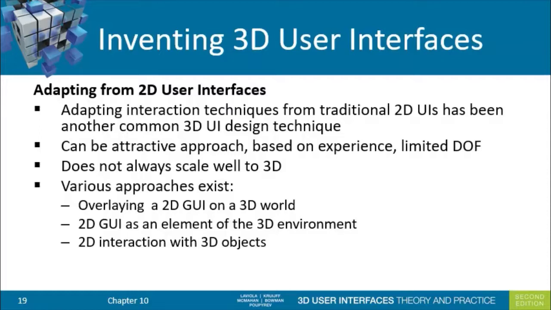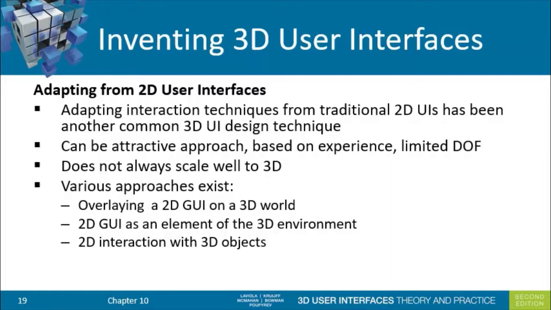Second, almost all users of 3D UIs are already familiar with 2D interaction, so learning can be kept to a minimum. Third, interaction in 2 dimensions is significantly easier than interaction in 3 dimensions.